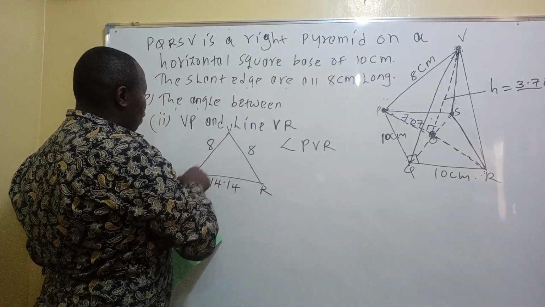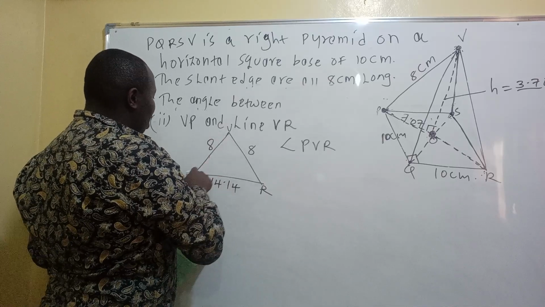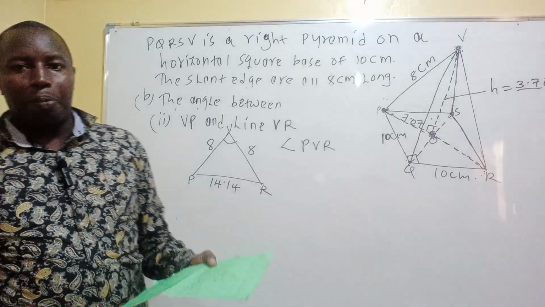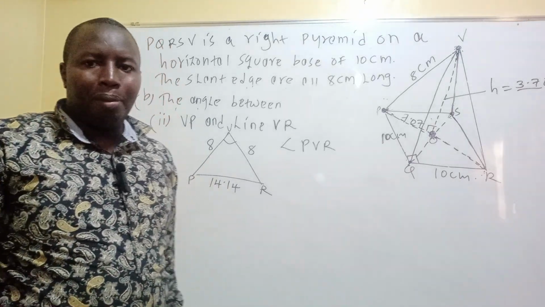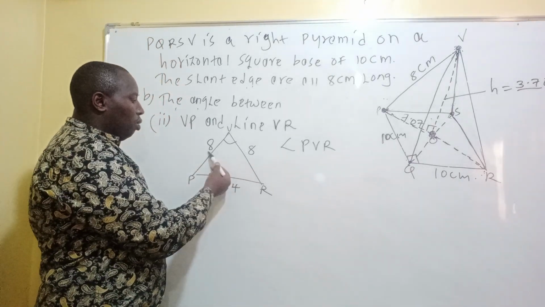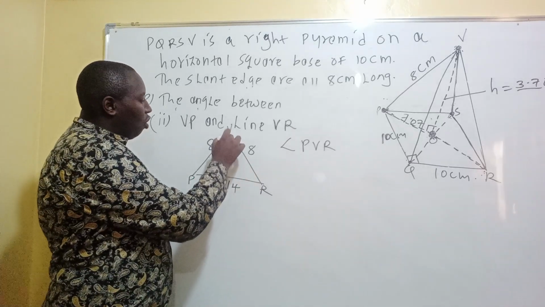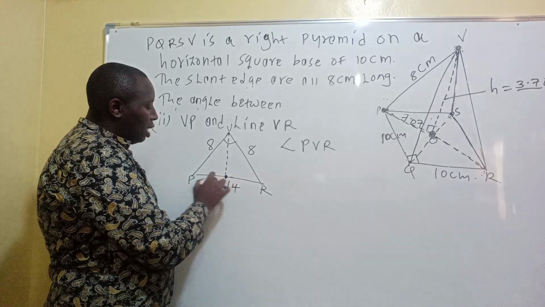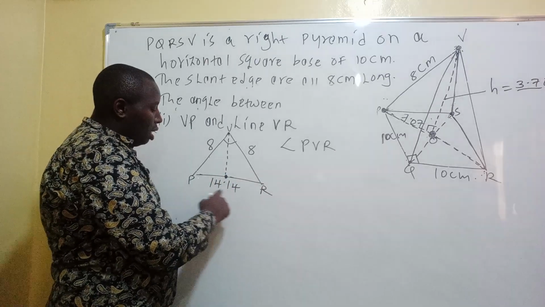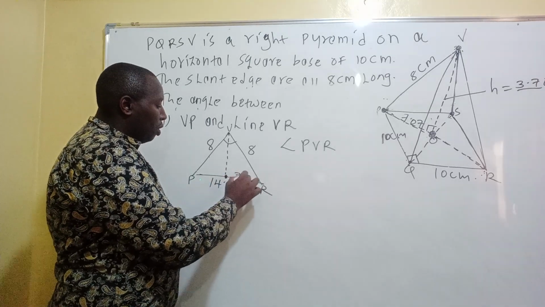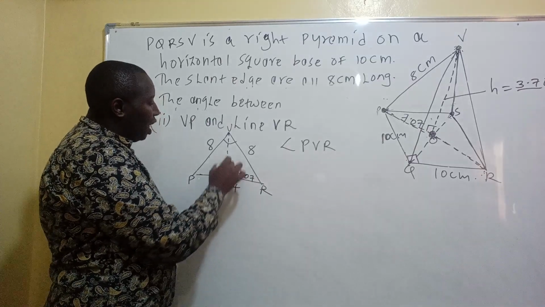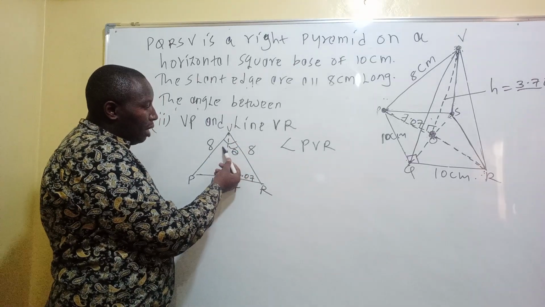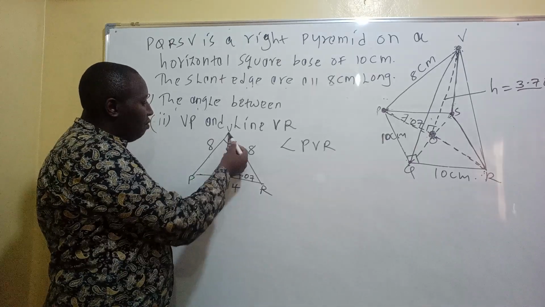Now listen here. The properties of angles are the properties of chords. If these two sides are equal and you drop a perpendicular from V, it will automatically bisect this chord. So 14.14 becomes 7.07. You find this angle, call it angle theta, and once you get angle theta, you multiply by 2 to get the angle PVR.